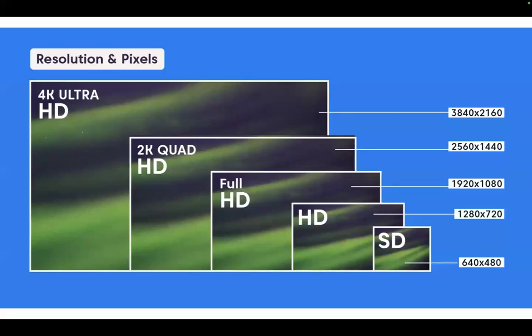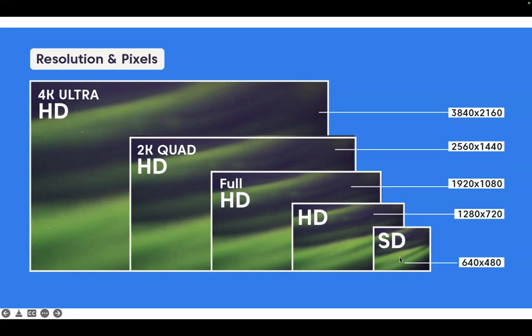Now, what does this image say? From this image, what did you get? The higher the resolution, like 4K, 2K, and as it reduces, the quality of the image also reduces.